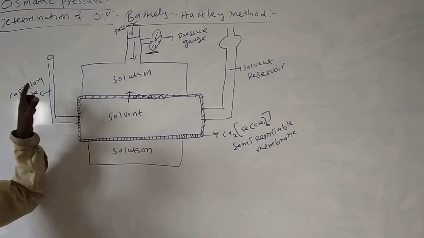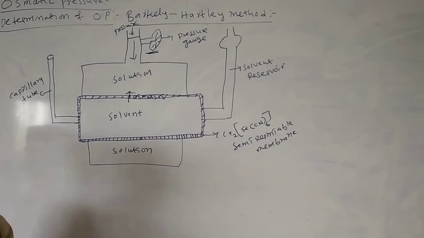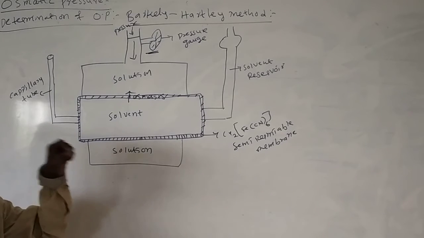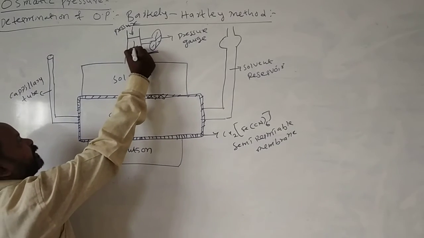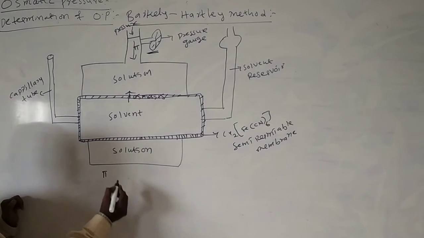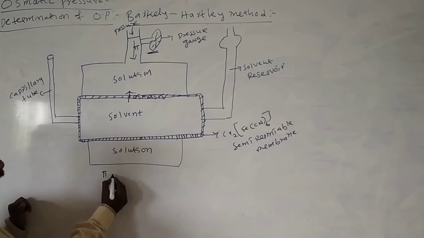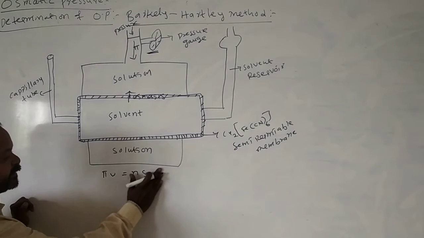The water or solvent level in the capillary tube remains constant, and the applied external pressure is called the osmotic pressure. The osmotic pressure of a solution is calculated using the equation πV = nST or nRT.